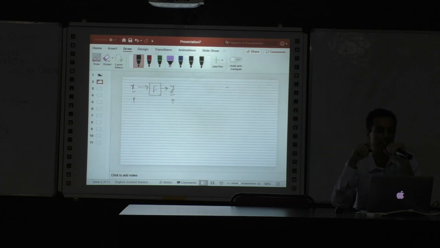So basically my X is the time of the day in my watch, and Y is the position of the sun, right? So can I build a model which can do this for me?